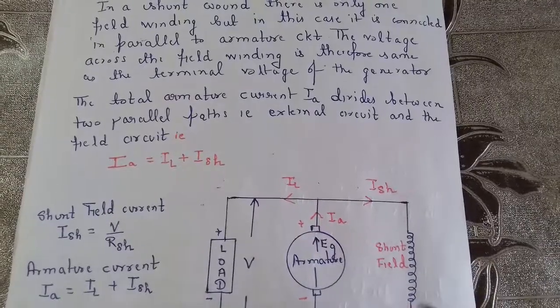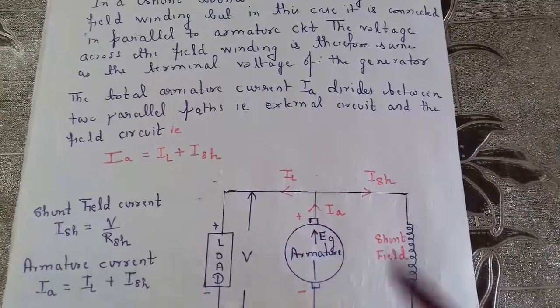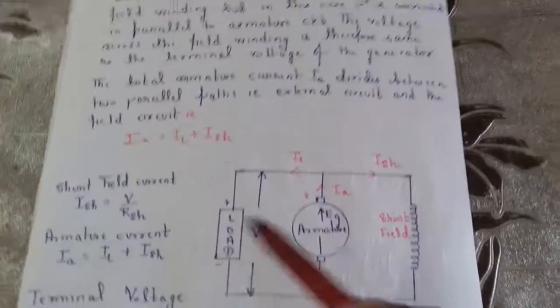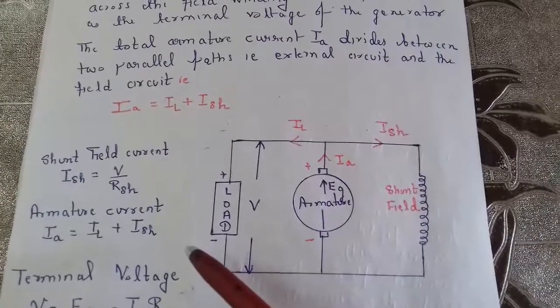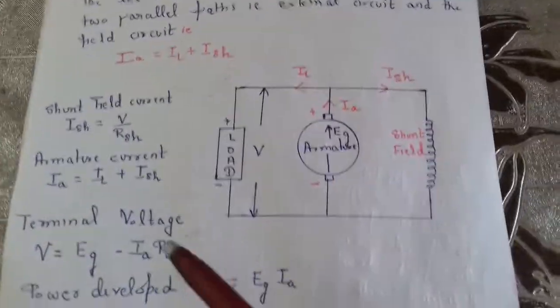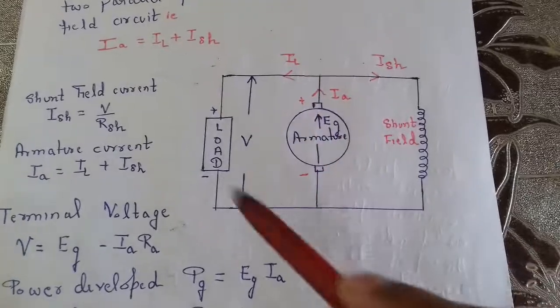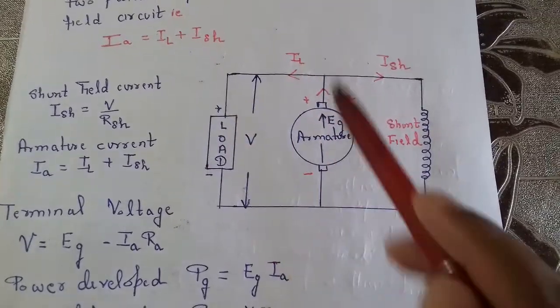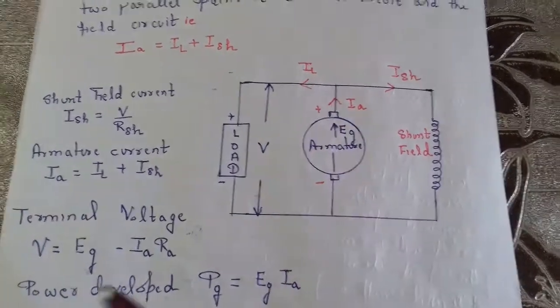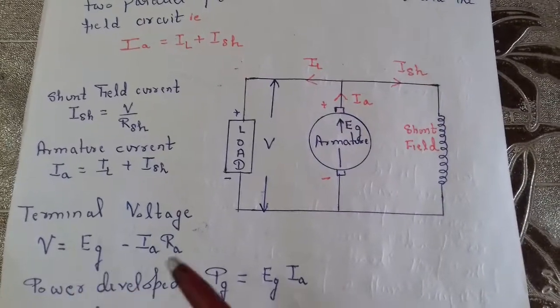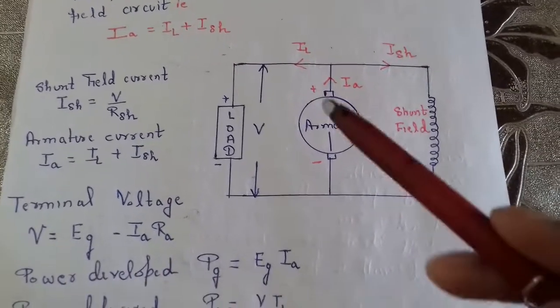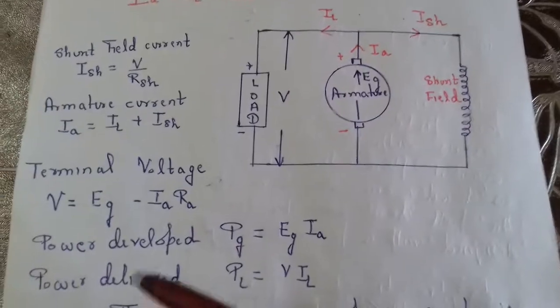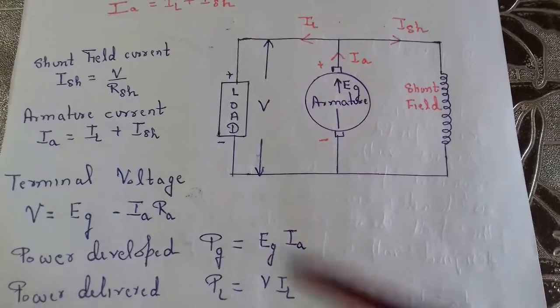Let the resistance of the field winding be Rsh. Armature current Ia equals IL plus Ish, and when we apply Kirchhoff's voltage law in this closed circuit, it will come as V equals Eg minus Ia Ra. Power developed is similarly Eg Ia, and power delivered is V into IL.